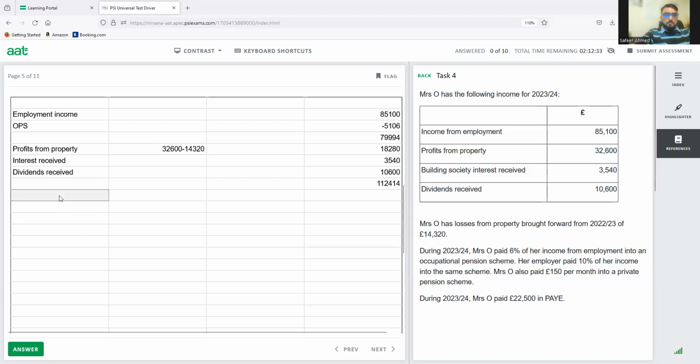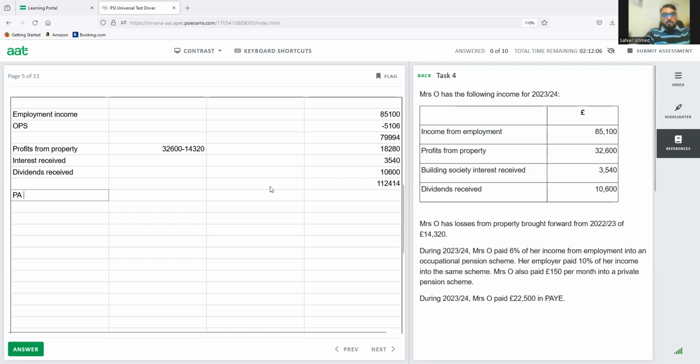Now, you've got to be careful here with the personal allowance. Remember that the full personal allowance is available if someone's total income is less than 100K. However, if the income falls between 100K and 125,140, then that person will get a reduced personal allowance.